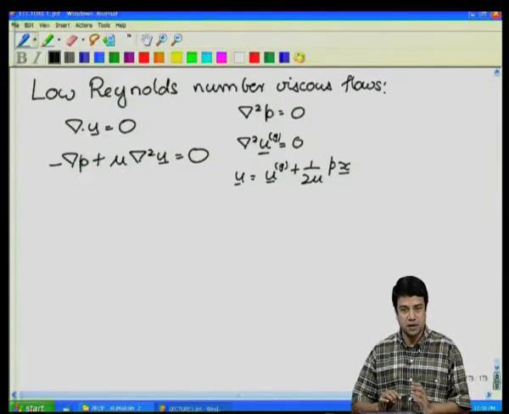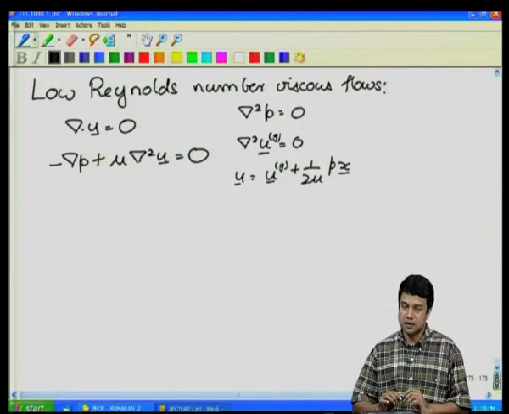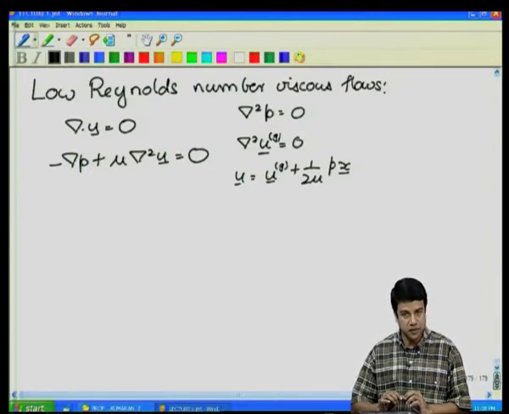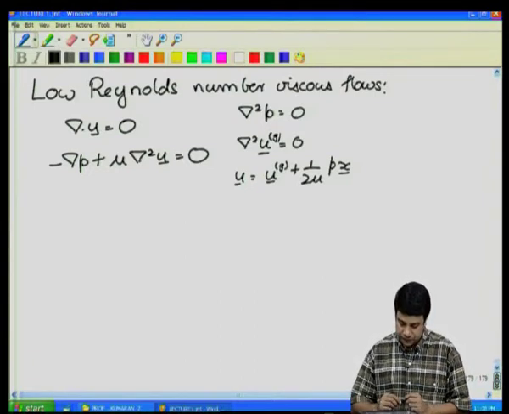A net symmetric force moment is due to an extensional flow far away, a symmetric traceless rate of deformation tensor. The antisymmetric force moment is due to the rotational flow far away. And in both those cases, the solution decays as 1 over r square.